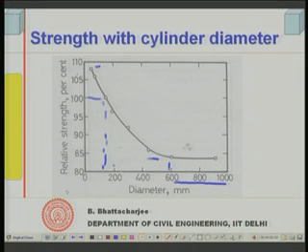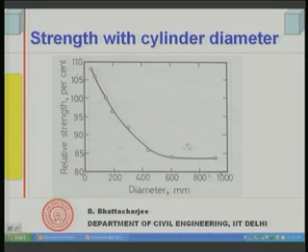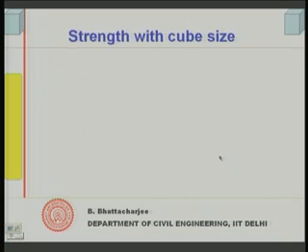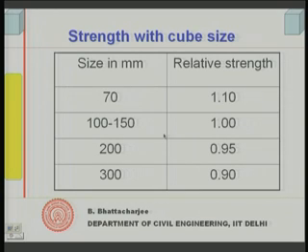So, it is suggested that the minimum size of the specimen should be 3 times the maximum size of the aggregate, and you can see the variation is about plus 10% to about minus 15%, or maybe 20, not even 20, somewhat lower than that. Let us see similar results in cubes.